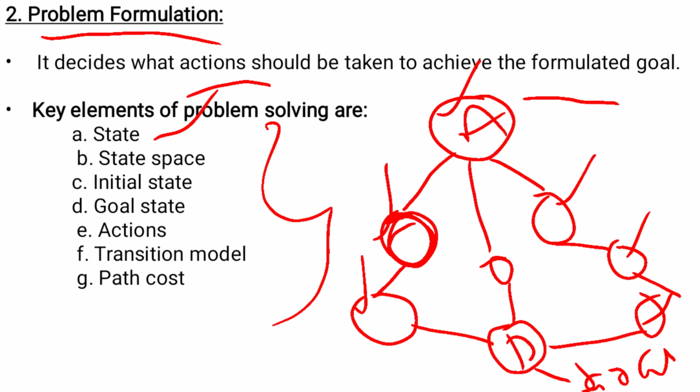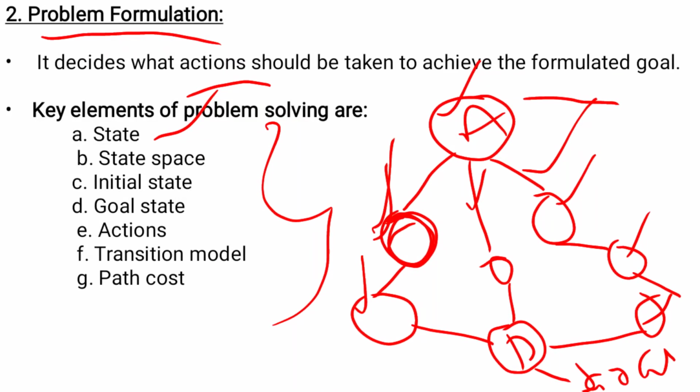Then next one, state space. State space is the set of all states which can be reached from the initial state by any sequence of actions. Here it shows all the alternatives to reach the goal, that is the state space. There are three alternatives here: the first alternative, the second alternative and the third alternative.